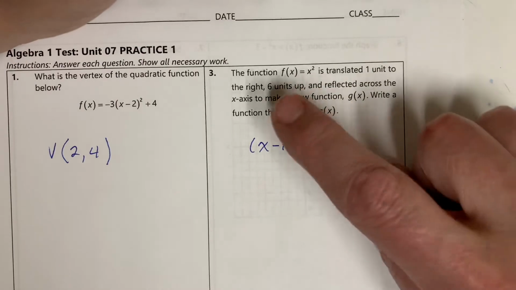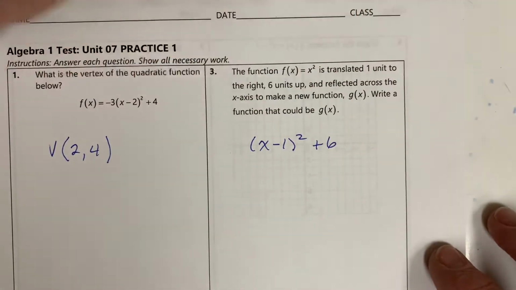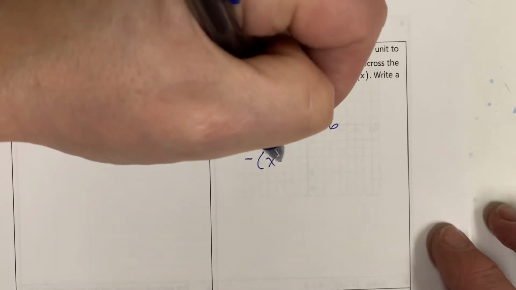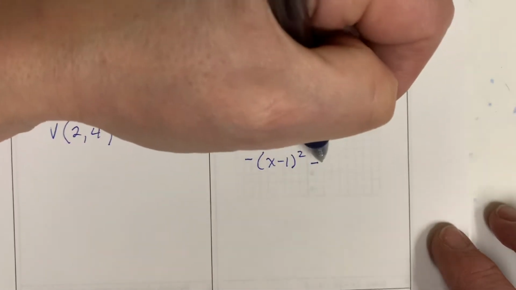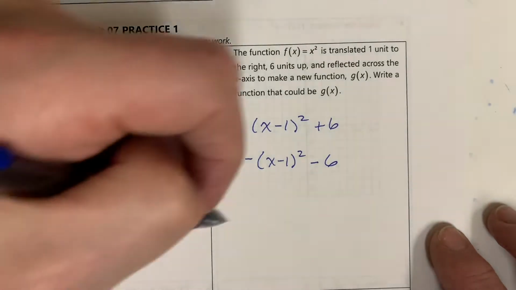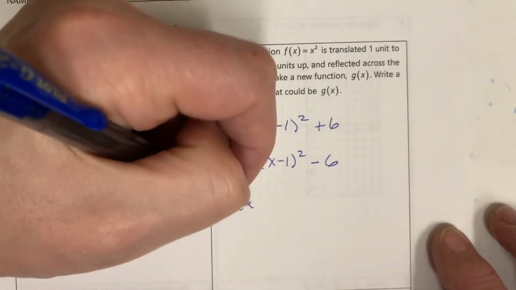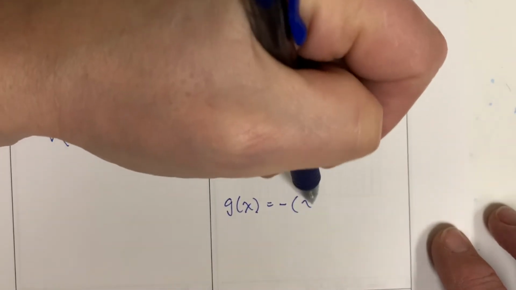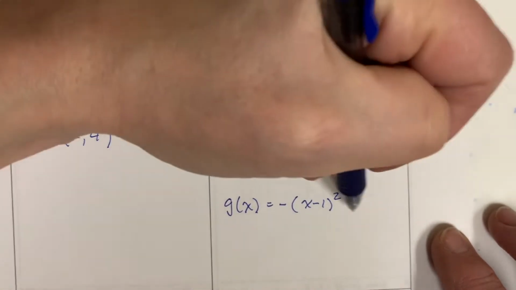To reflect it across the x-axis, I have to change the signs of all the terms. So now I have a negative x minus 1 squared, and I have to change that to a -6 now. Okay, so I'm going to put a g of x in front, because it does have to be a function.